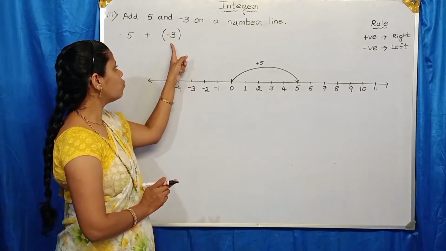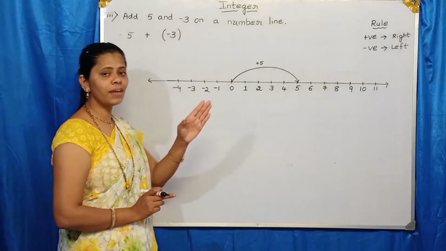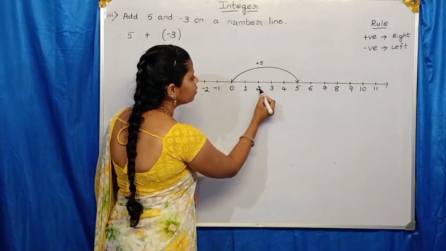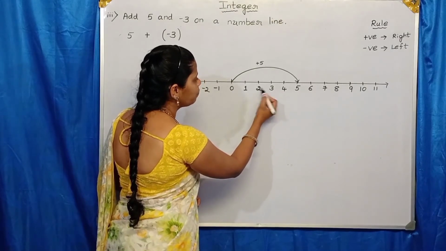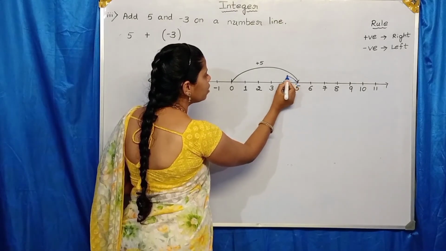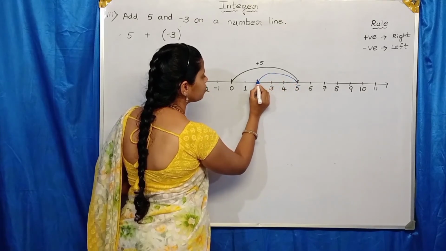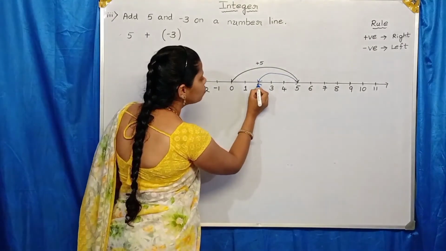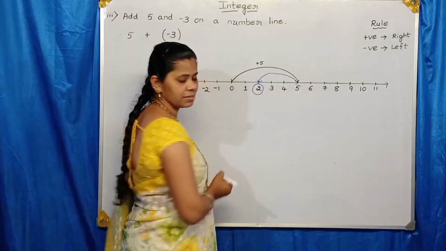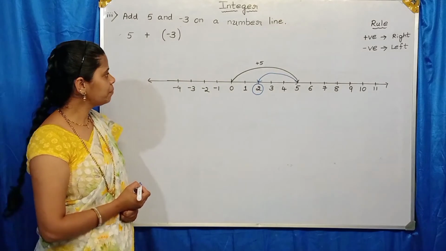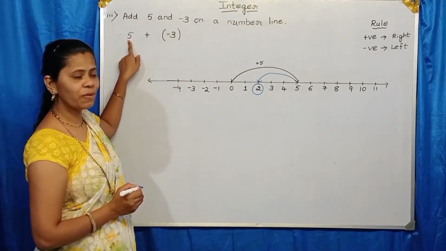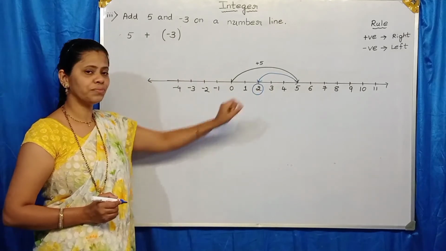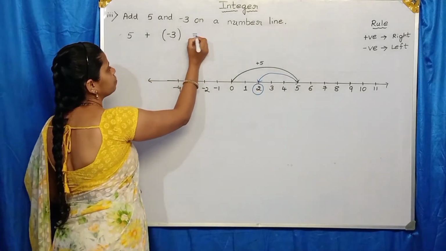So, let's move 3 steps to the left side on a number line. That is 1, 2, 3. From here, we are moving 3 steps. Then we will come here. So, 2 is the answer. When we add plus 5 and minus 3, the answer is 2. That is plus 2.